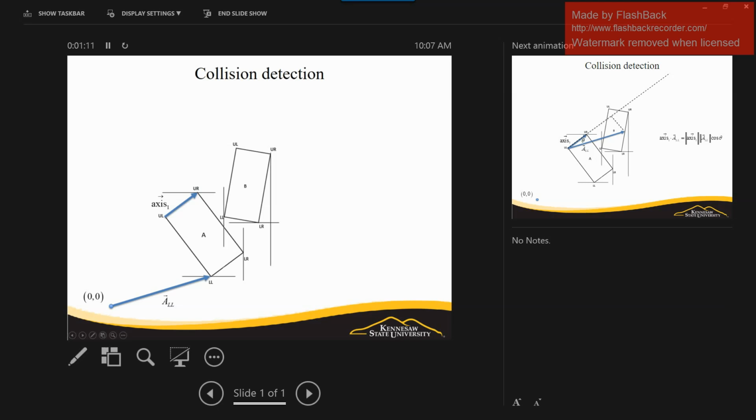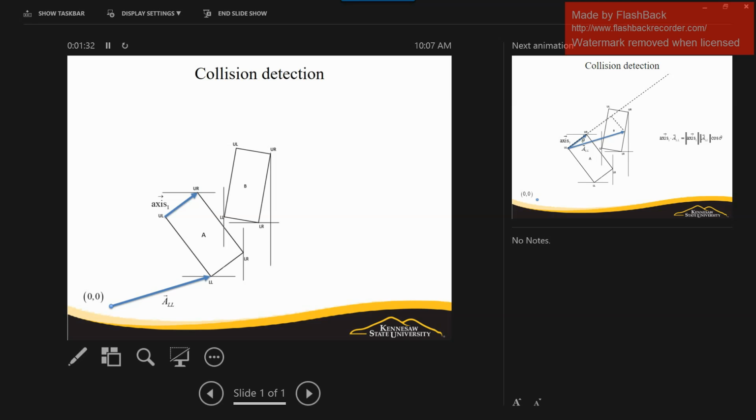It doesn't make any difference. So they call that axis 1, and that is a vector. And that vector is created by the difference between the x and y points of those upper left and upper right. Then they talk about another vector that they call A dot LL, or A dot UR, or B dot UR, or whatever.